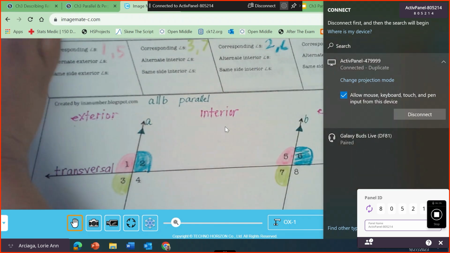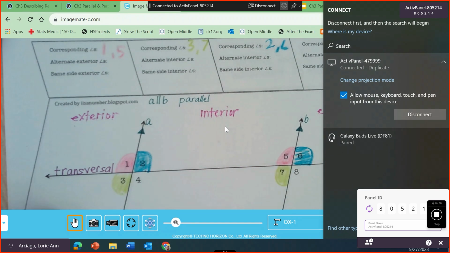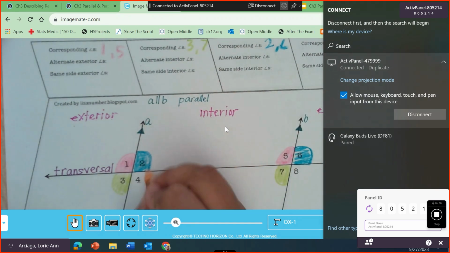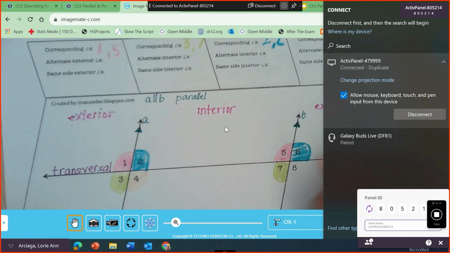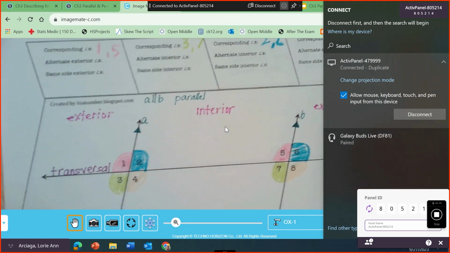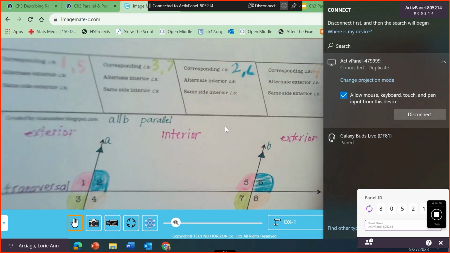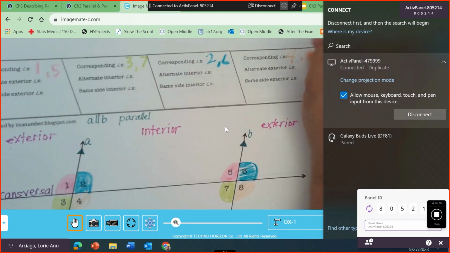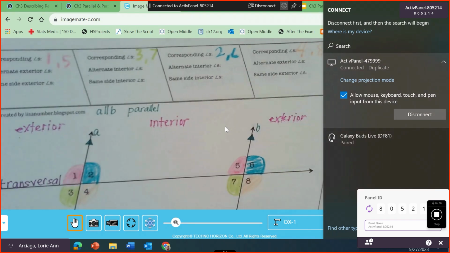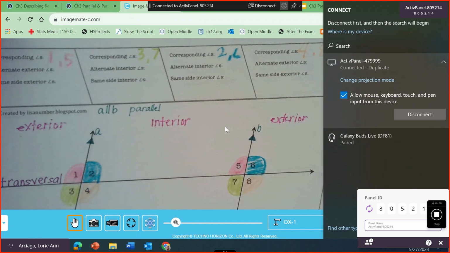And what's the last one? 4 and 8. Okay, so 4 and 8. Alright, any questions about how to identify corresponding angles?